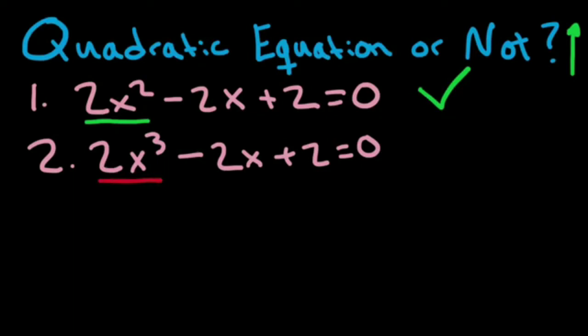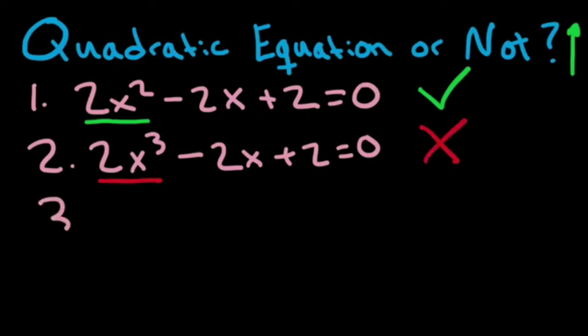In order for it to be a quadratic equation, the exponent cannot be higher than 2. We need a term with a variable to the power of 2, and in this case, it is to the power of 3, or cubed. When we have an equation with a variable to the power of 3, we know that it's not a quadratic equation. So this is actually not a quadratic equation.